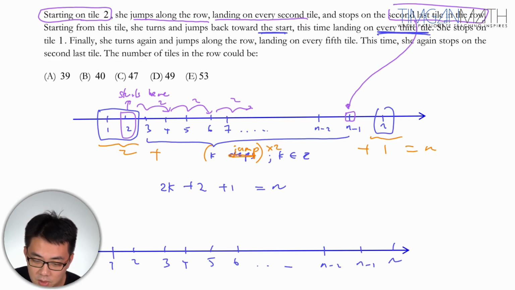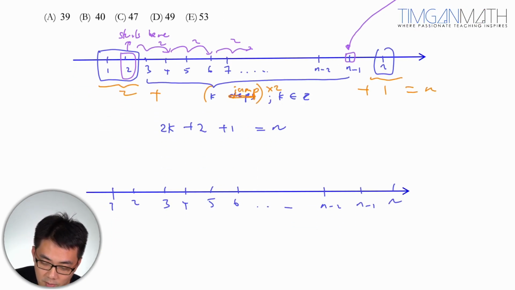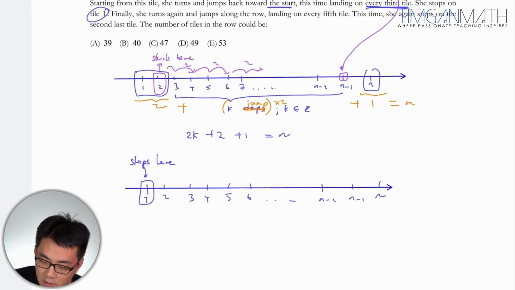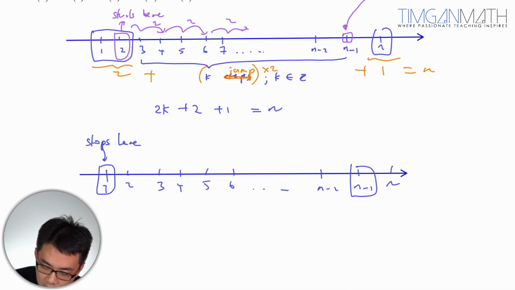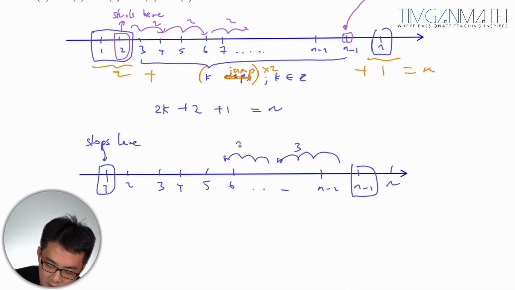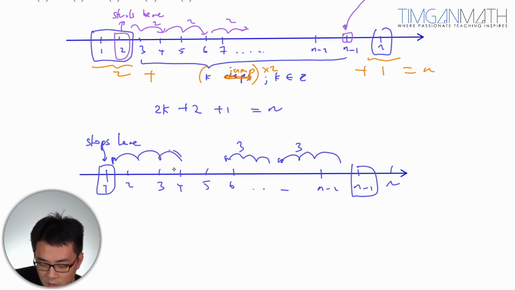She stops on tile 1, so she stops here. In other words, from this tile here, she skipped every 3 steps, and she will skip the 3 steps so that it lands just nicely on this tile here. 1, 2, 3, so this is another 3 steps here.